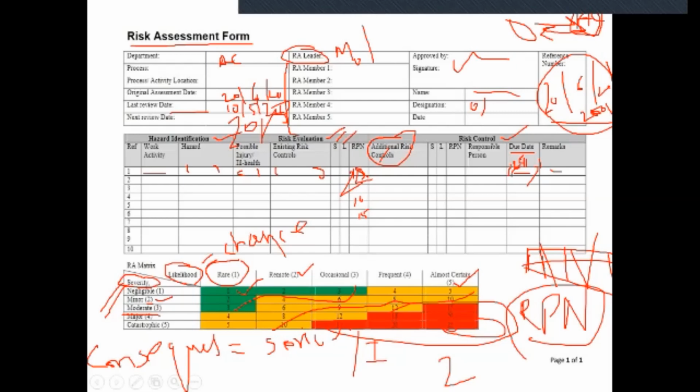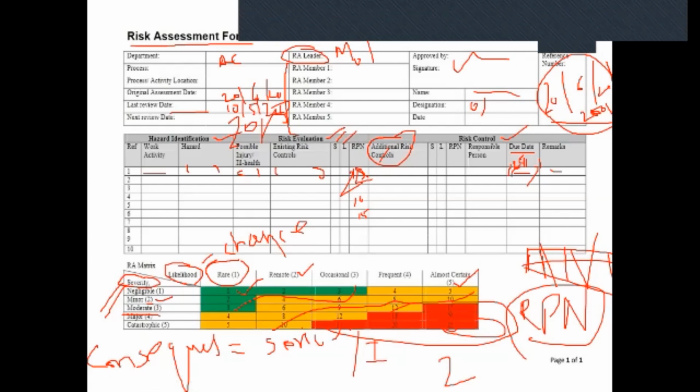I will stop my sharing here, just 1 second. I will play the video.